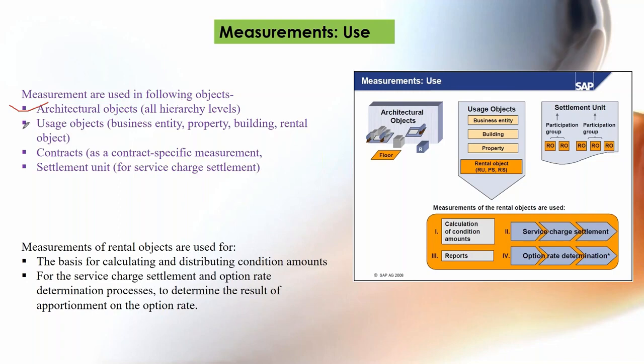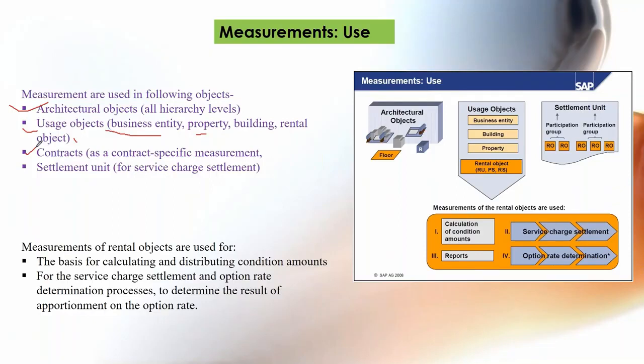And the next is a usage object. You can maintain in business entity, you can maintain property, building, rental object. So at all the levels in the usage view also you can maintain the measurements. Next in the contracts. Let's say if you did not maintain in rental object, you can directly maintain in the contract also. So here we have a choice when we are creating any contract with reference to any rental object.